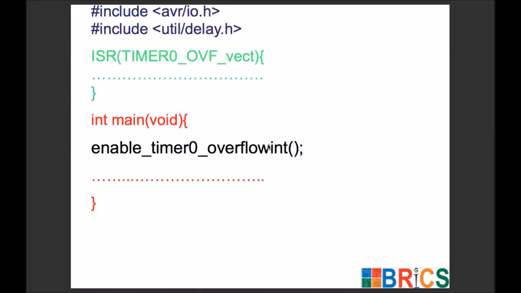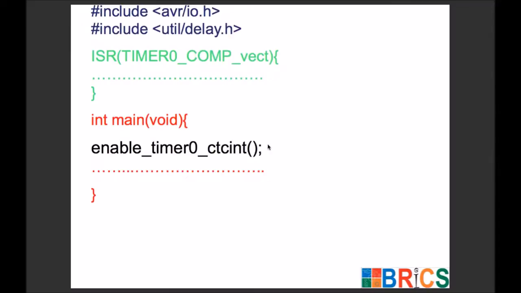Now to write a program we need to create an ISR for the overflow interrupt as well as for the compare match interrupt. Here is the ISR for timer 0 overflow interrupt. The vector name is TIMER0_OVF_vect, and inside main you need to write enable timer 0 overflow interrupt.